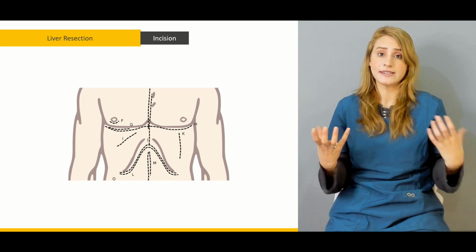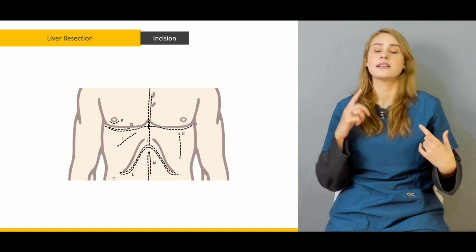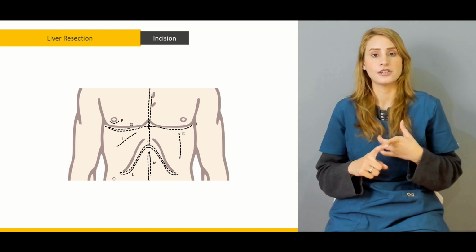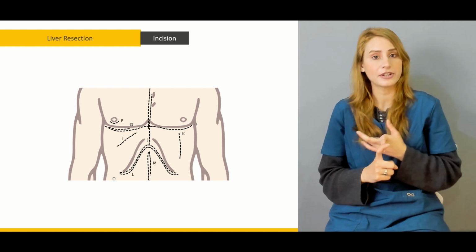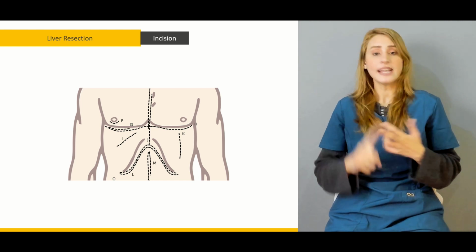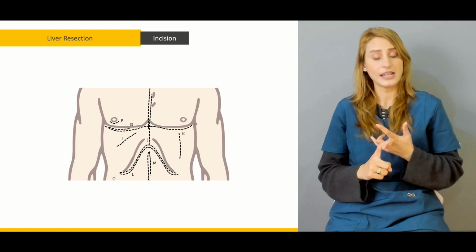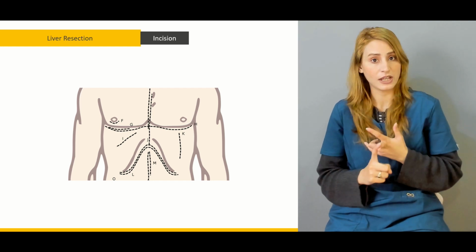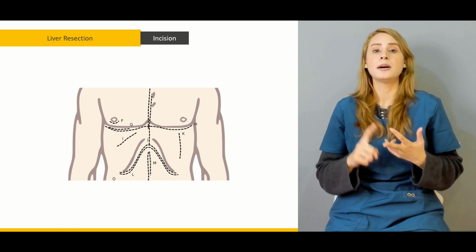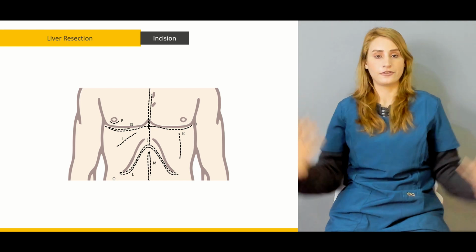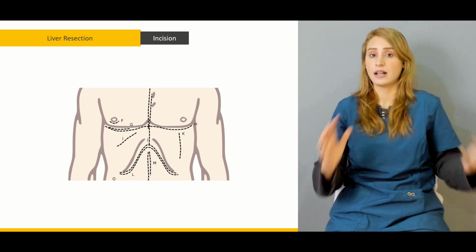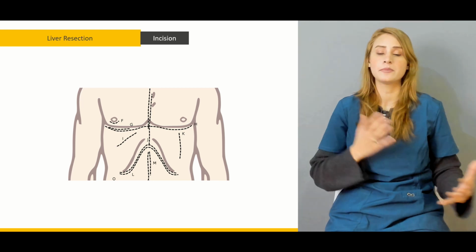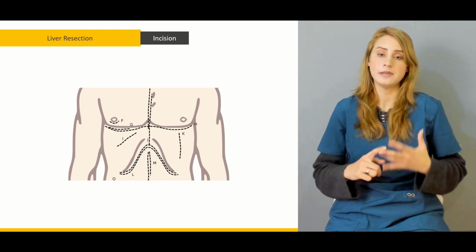The general principles are still important, because you need to make a proper incision to get proper exposure of the liver. Then the second most important thing is mobilization of the liver. Because the liver is connected to different structures by ligaments, the ligament division is also important.